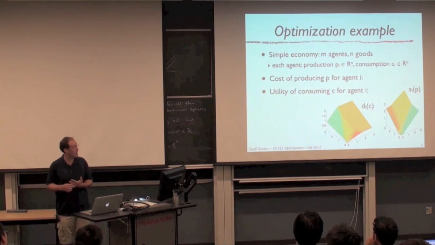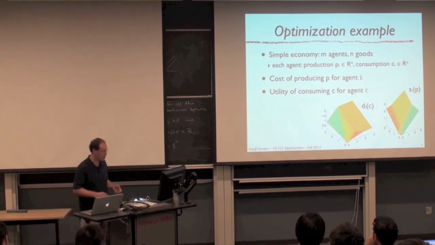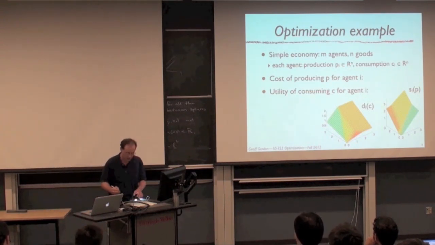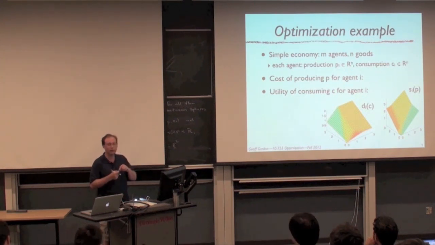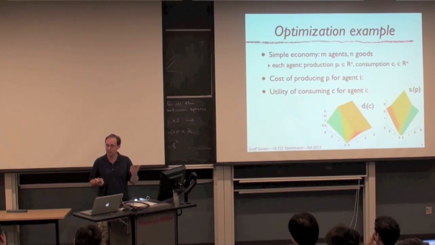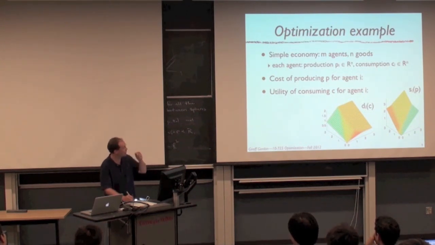For producing, they have a cost of production, so we have a vector P for each agent. We'll call that P_i, and each component of P_i is how much agent i produces of one of the goods.